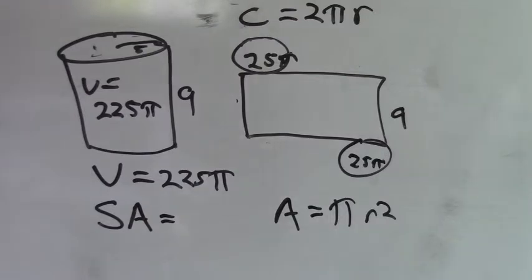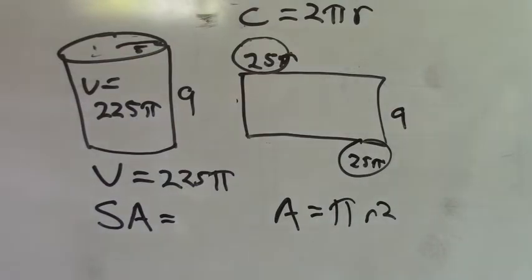What's area of a circle equal? 25 pi. Okay, and how did you get that? I want the formula. What's the formula for area? You square it.